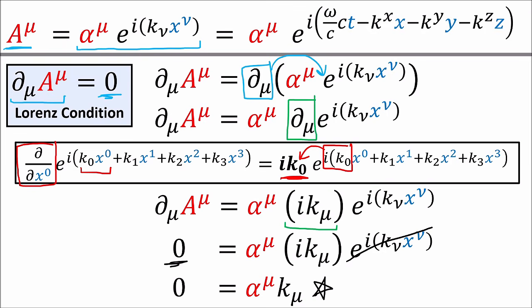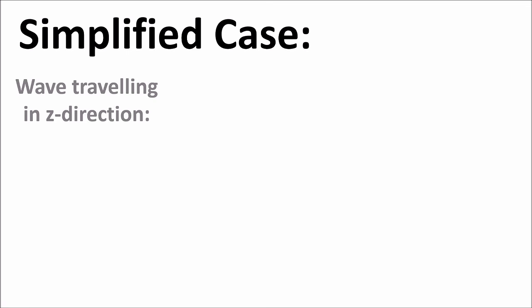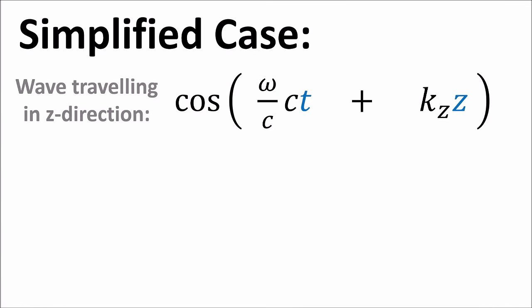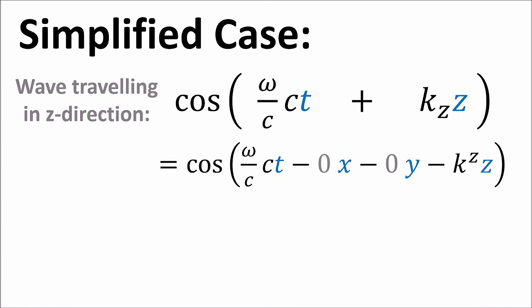So the Lorenz condition basically tells us that the wave vector k and the scaling amplitude vector alpha must have an inner product of 0. Now, to simplify this formula, we're going to take the special case of a wave traveling in the z direction. So the x and y components of the wave vector k are 0, and only the time and z components are non-zero.